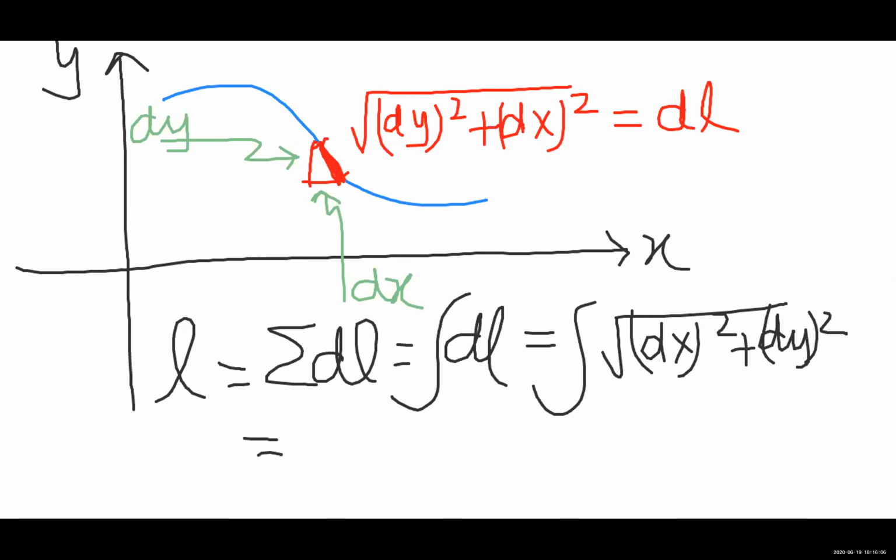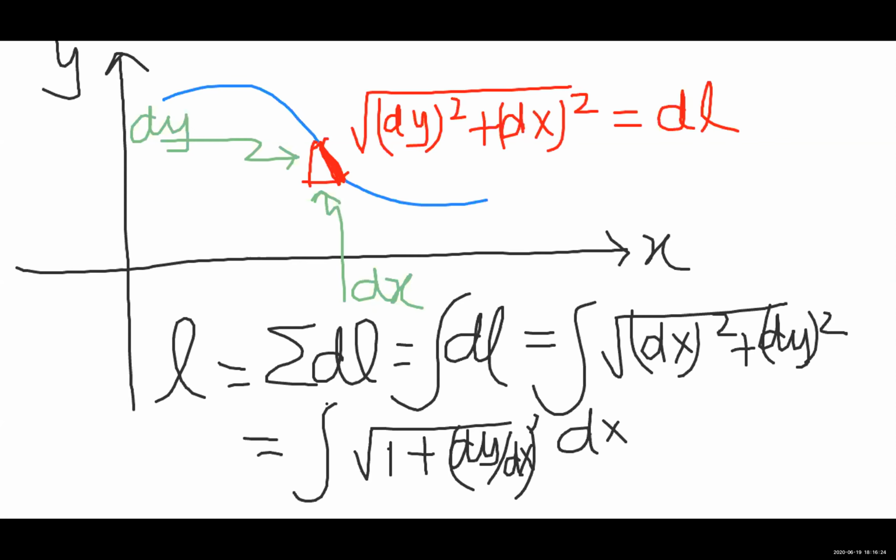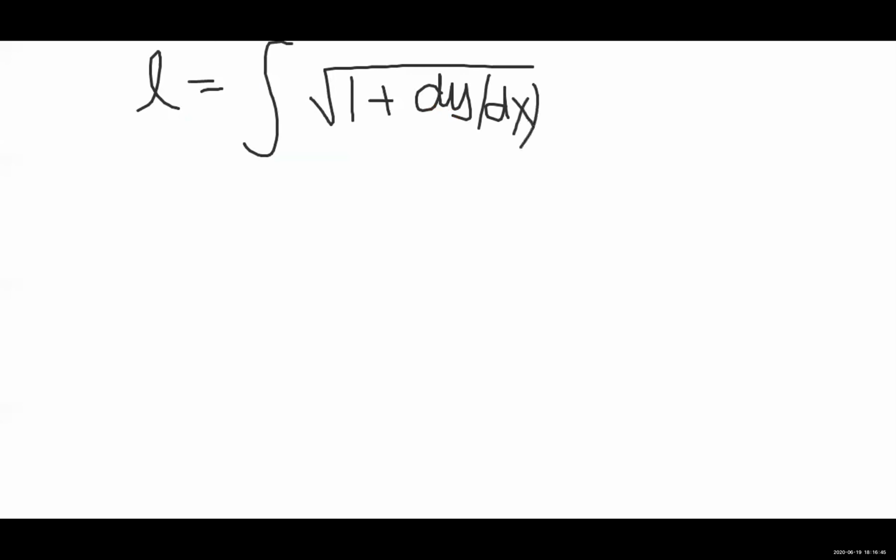Now I'll be very clever here, and what I'll do is take out dx common, and if I take out dx common, I end up with 1 plus dy by dx whole square. Okay, so length of the curve is equal to integration of under root of 1 plus dy by dx whole square dx.